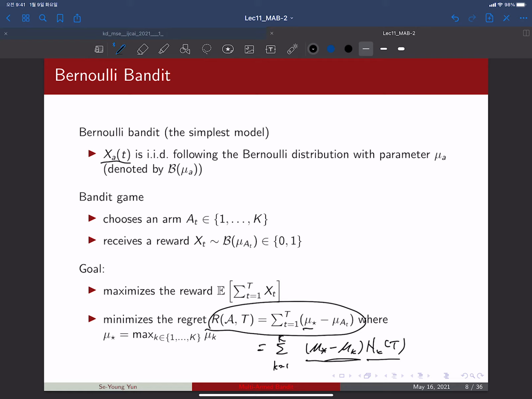That is basically the expected regret. So when you lower bound the number of plays, from this we can lower bound the regret.